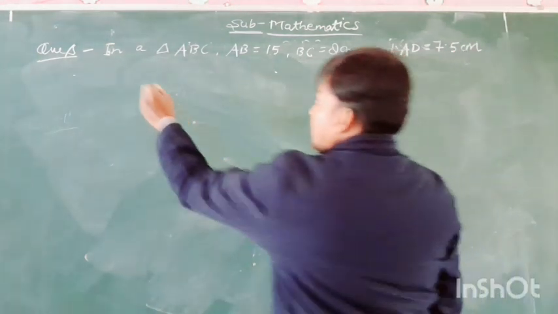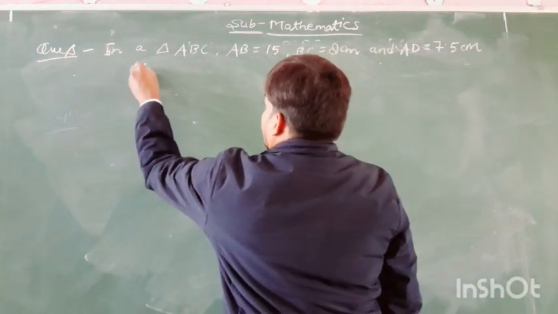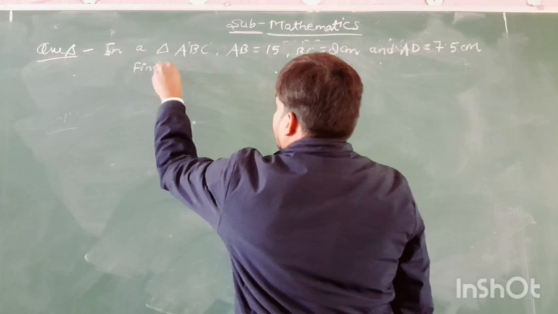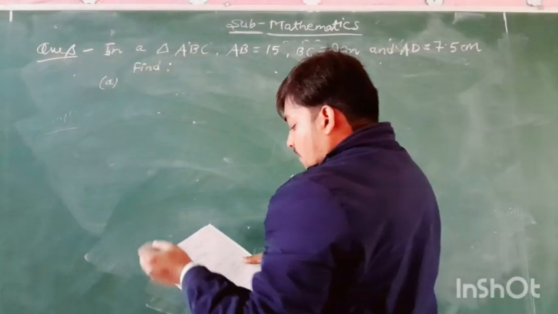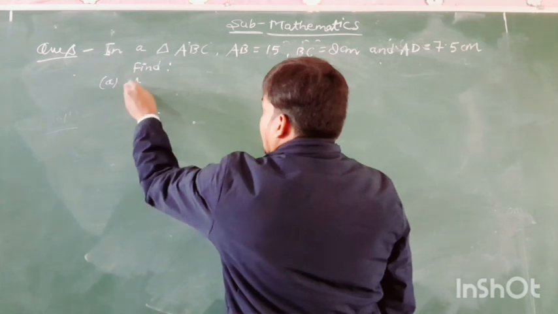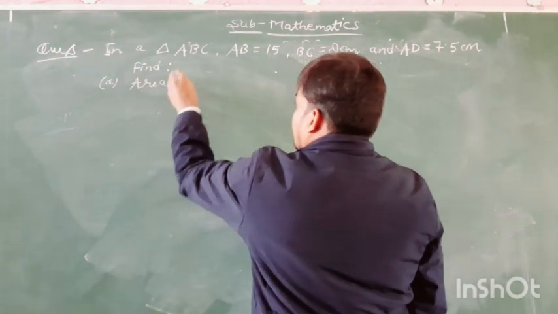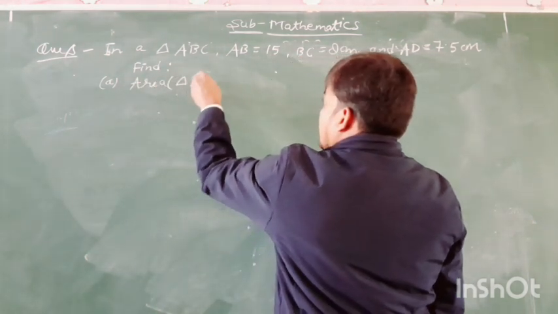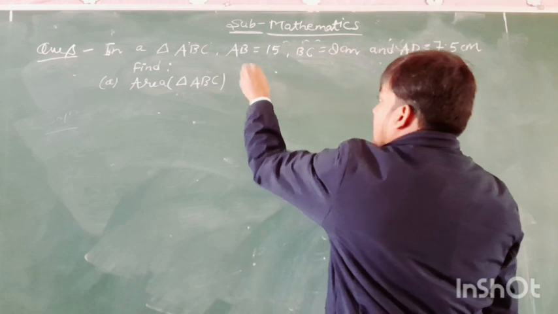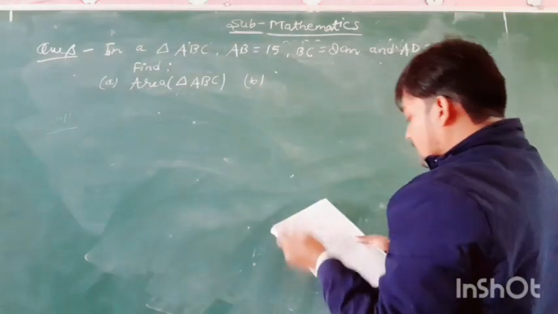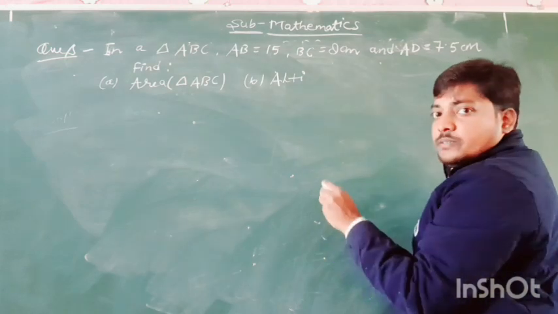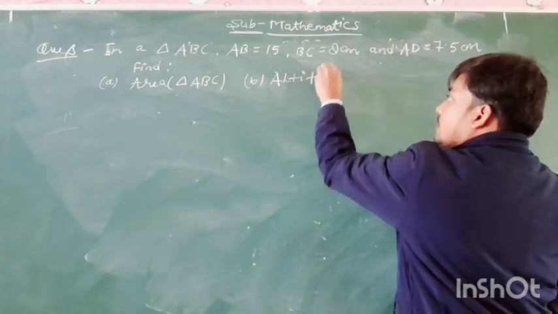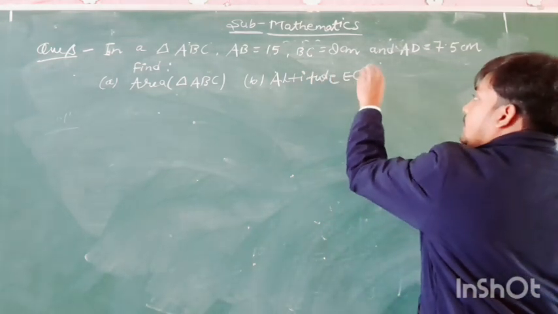Then we have to find first area of triangle ABC, and second its altitude EC.